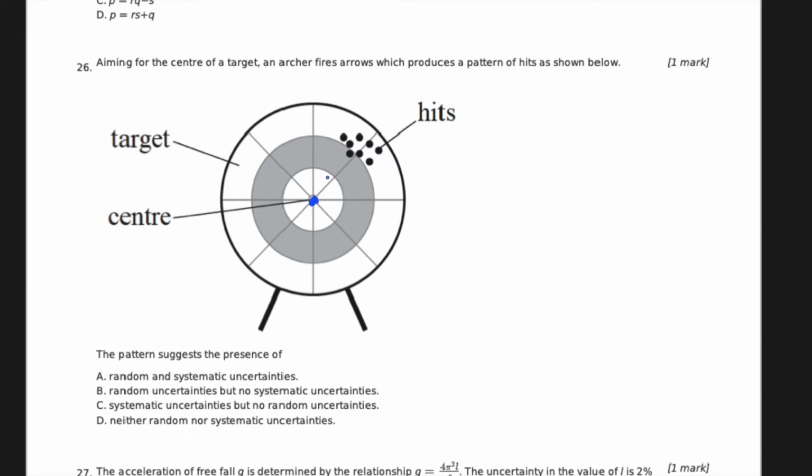So here it is not very accurate, and it's away from the center, so it has a large range of uncertainty. So here it has some random error, and because the points where the archer hits are also not consistent, it also has random error. I mean systematic error.